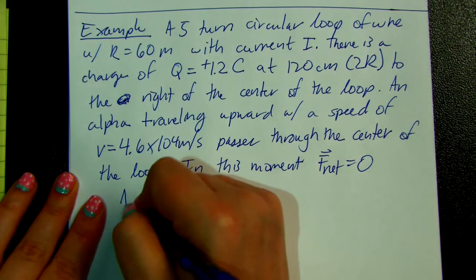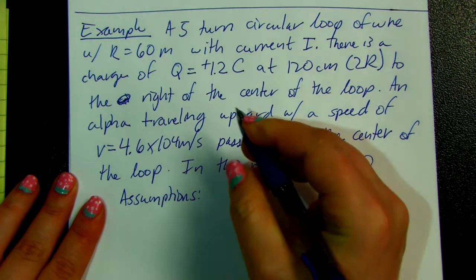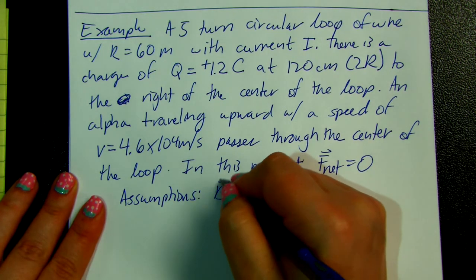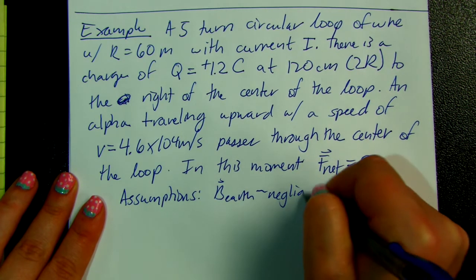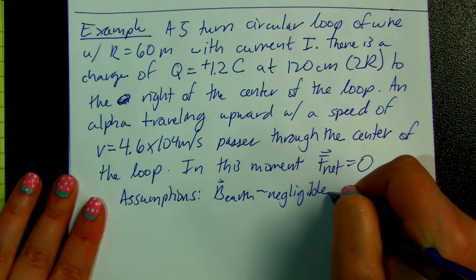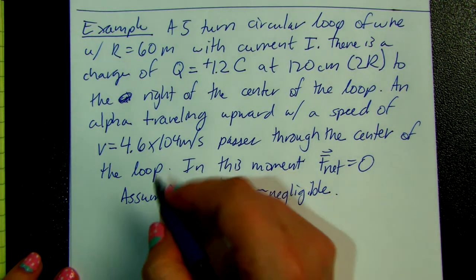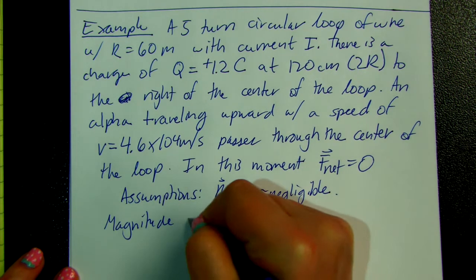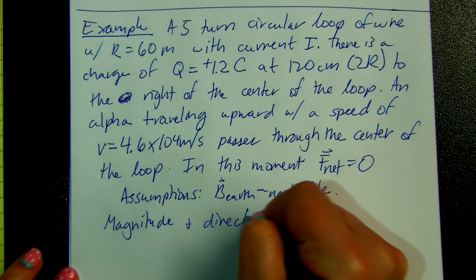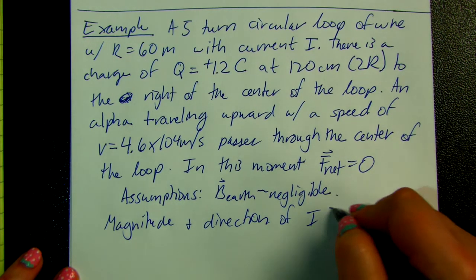And we're going to make some assumptions. B Earth is negligible. All right, so what is the magnitude and direction of the current I?